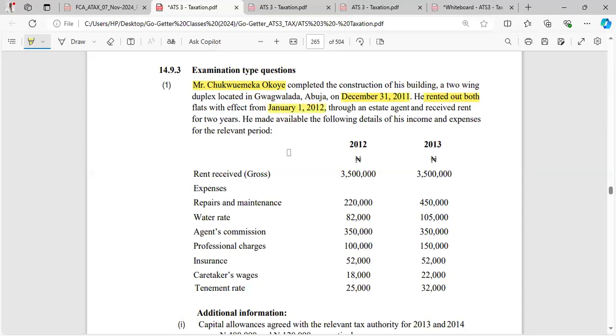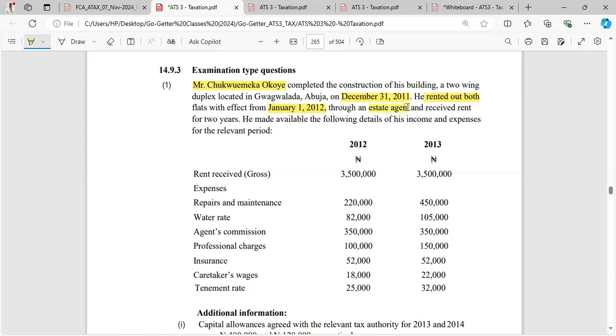So it means that whatever he received for January to December of 2012 will be charged to tax in 2013. Whatever he received for January to December 2013 will be charged to tax in 2014 because it is preceding year basis. He said he rented it out through an estate agent.